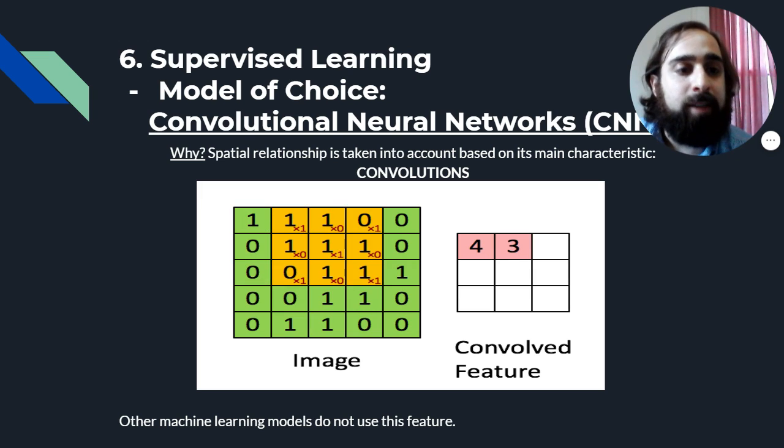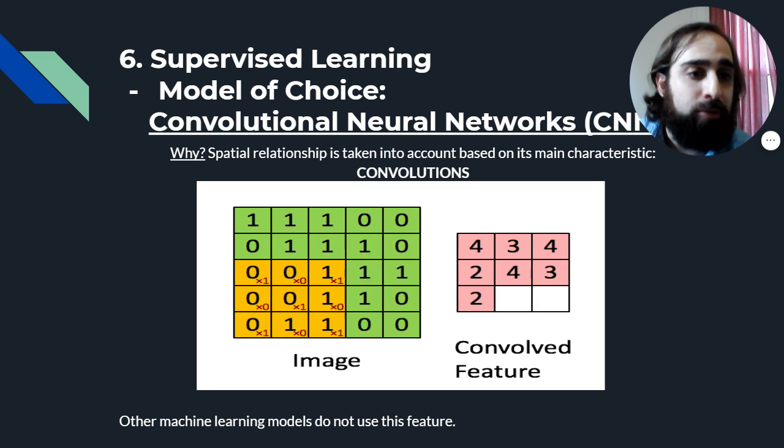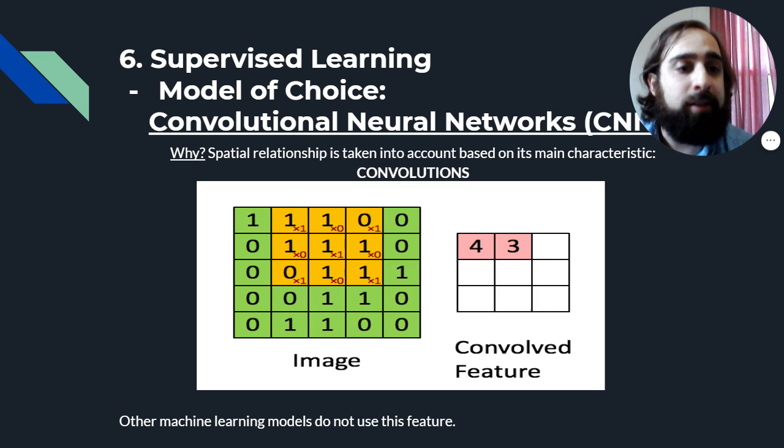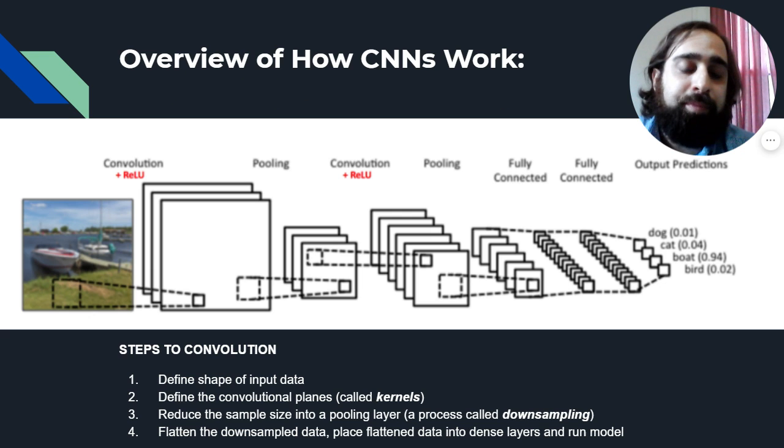So you're accounting for the spatial relationship of each pixel along with the pixels around it. Very computationally heavy, but this has been found to be the most accurate in accounting for that spatial relationship. As you see on the bottom, other machine learning models just simply don't do that.